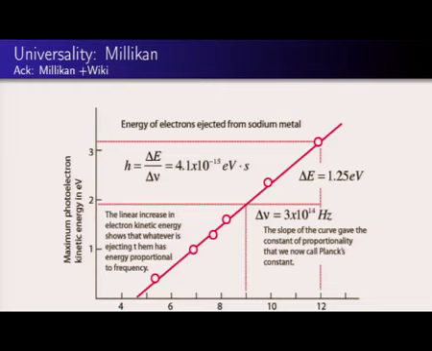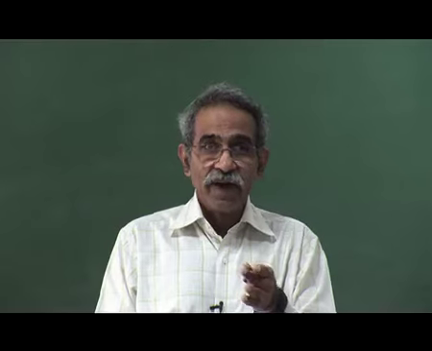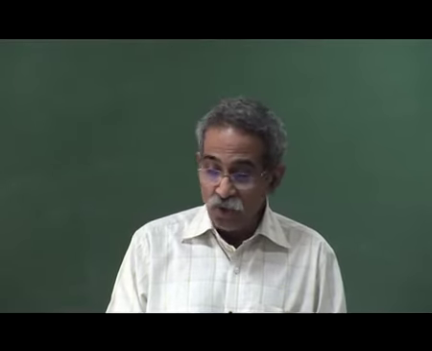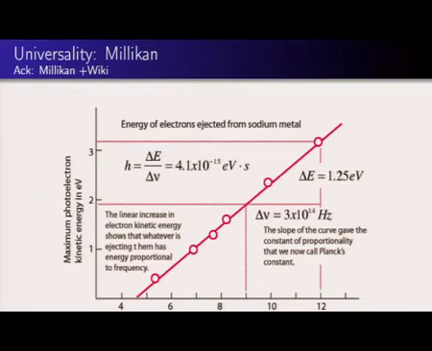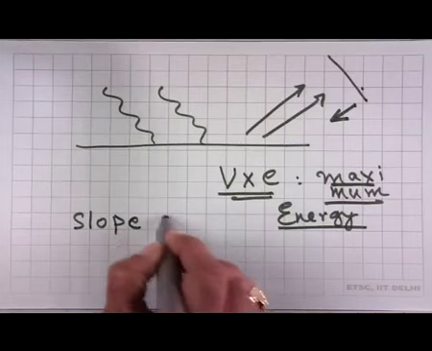This experimental result is for sodium, and the x-axis is in electron volts. So that is what you have, and the y-axis is also in electron volts. The same experiment can be repeated on zinc, on nickel, on many atoms, on gold. The frequencies will be different, the maximum photoelectron energy will be different, but the slope is a universal constant. That is the most important thing.